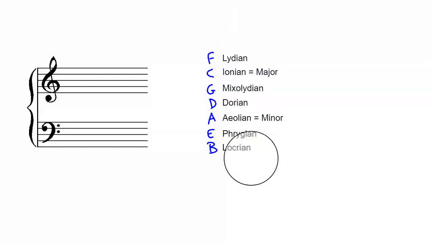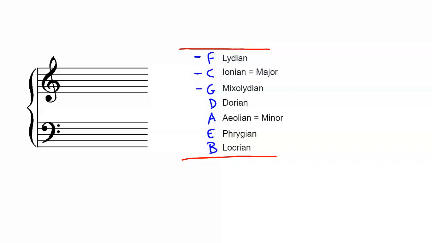For example, if someone asks you, well, what's the key signature for B flat Mixolydian mode? You simply count how many steps you have to take down through the flat portal to get B to Mixolydian. So if I go down 1, I'm here, 2, 3.